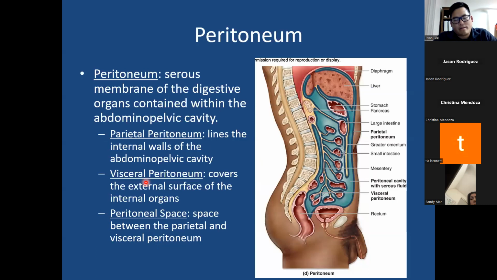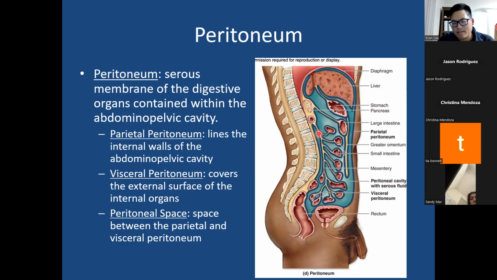Now, lastly, for our serous membranes, the most unique out of the three is the peritoneum. So the peritoneum is the covering surrounding the digestive organs. And once again, you have parietal peritoneum along the wall, visceral peritoneum on the organs, peritoneal space, peritoneal fluid, but take a look here and you can see that it's a little bit different.